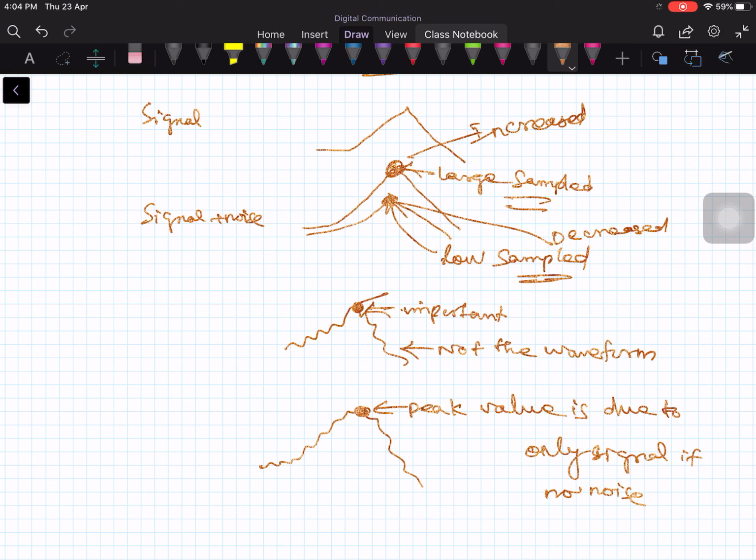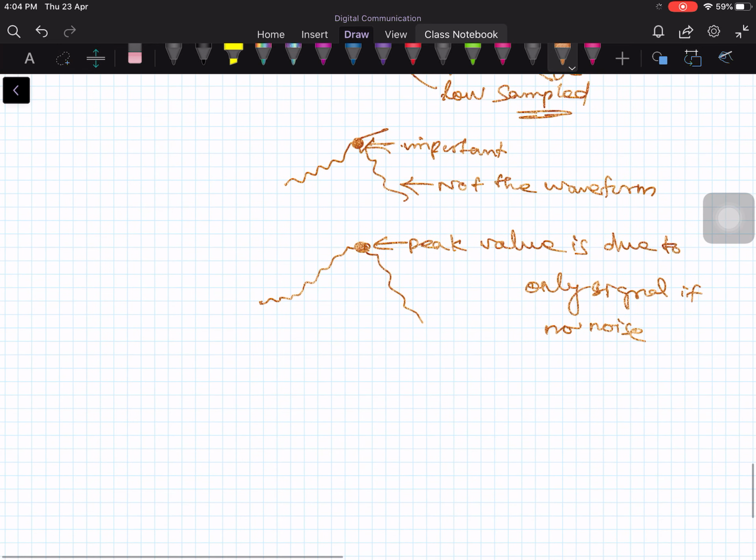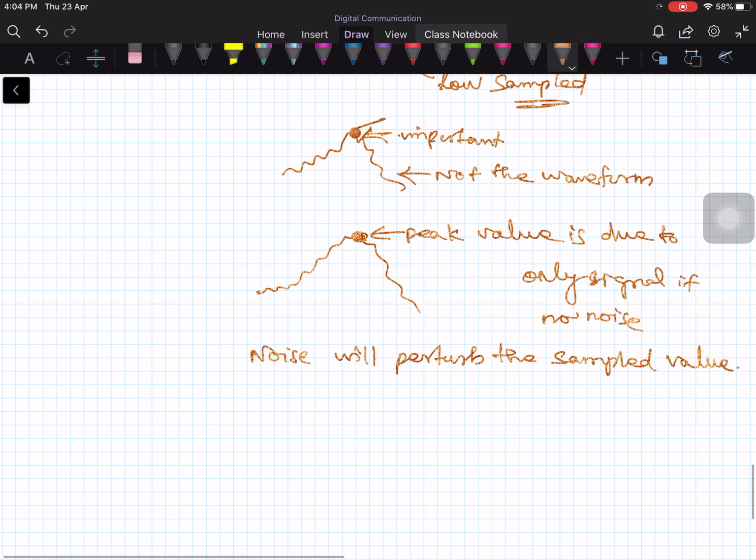Therefore the noise will perturb the sampled value, and depending on the magnitude of the noise, the perturbation may be quite large.